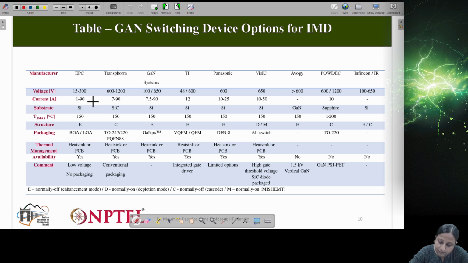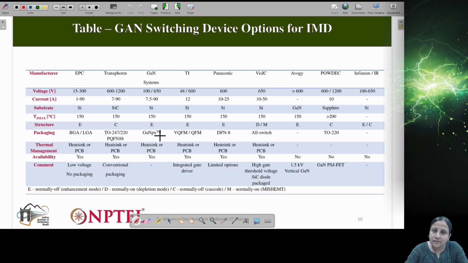Now current is also given. The maximum current given here is 90 amperes. As for the substrate, different companies use different ones: some silicon, some silicon carbide, some gallium nitride, sapphire. The maximum temperature is also mentioned as 150 degrees Celsius. One important thing is that when the device is operating at high temperature, the properties of silicon carbide are much better than those of silicon or GaN devices.